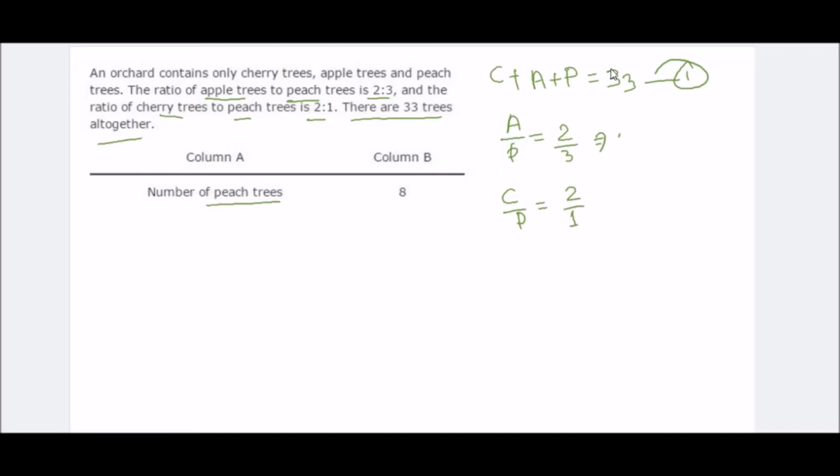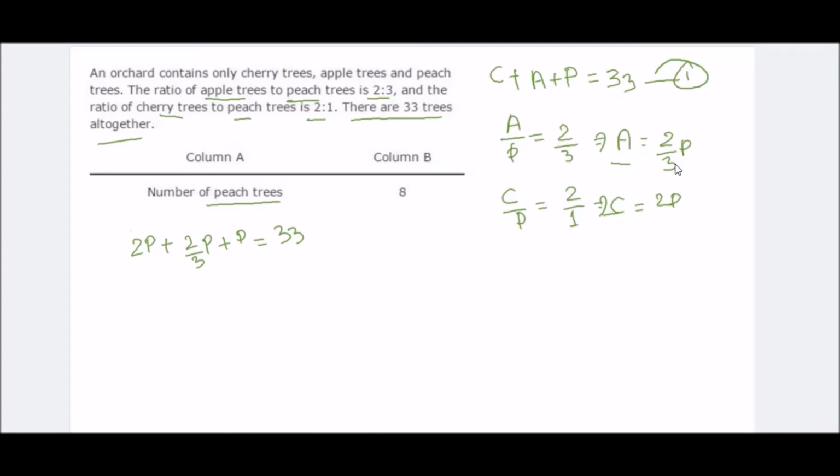So here A will be 2/3 P and C becomes 2P. So substitute the A and C values in equation 1. We will get the P value here. Equation 1 becomes 2P plus 2/3 P plus P equal to 33.